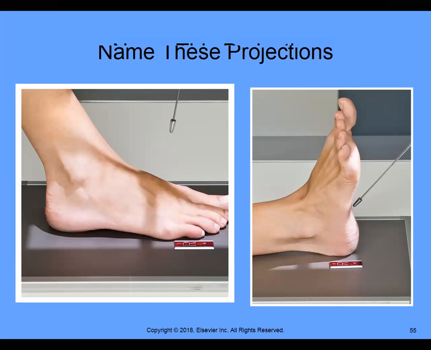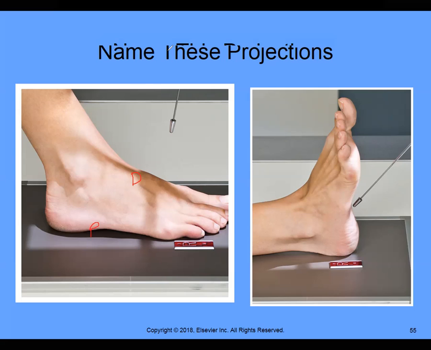All right, so in this one here, again, we came back to the feet. We're either going to do a dorsal plantar or a plantar dorsal projection. Again, this is dorsal, and this is plantar, the bottom of the foot.